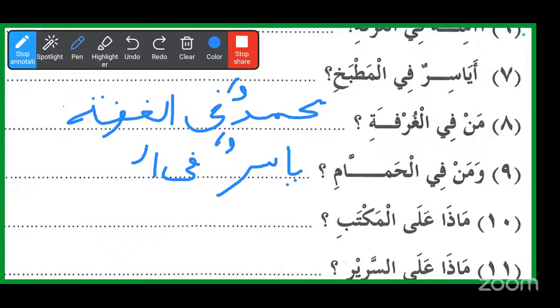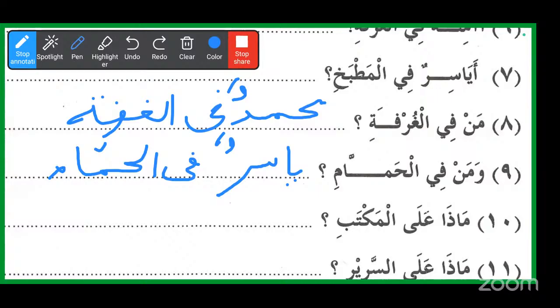Usually when the Arabs speak, they don't say Yasirun. They just say Yasir fil hammam, Muhammad fil ghurfa, Amina fil matbakh. Everywhere in the world, for every language, there is a literary language and a conversational language.